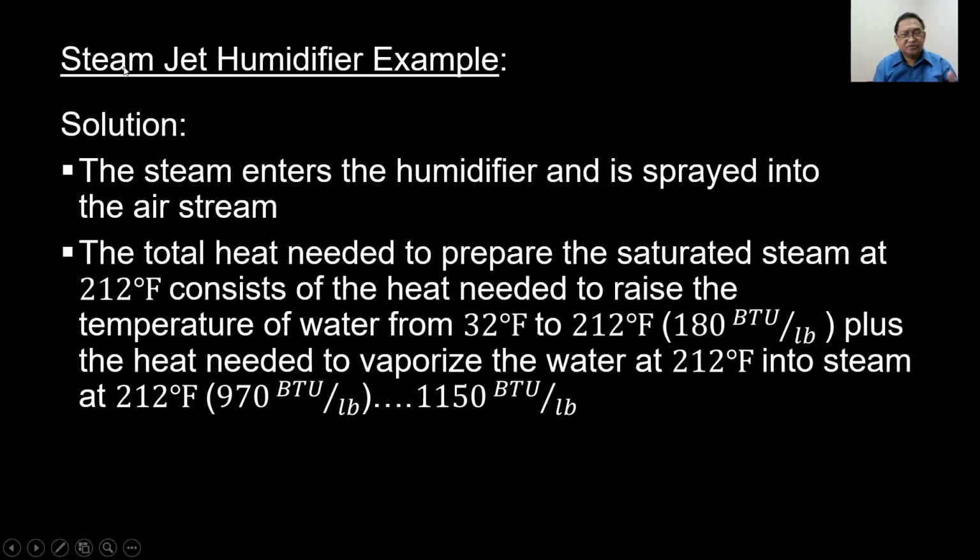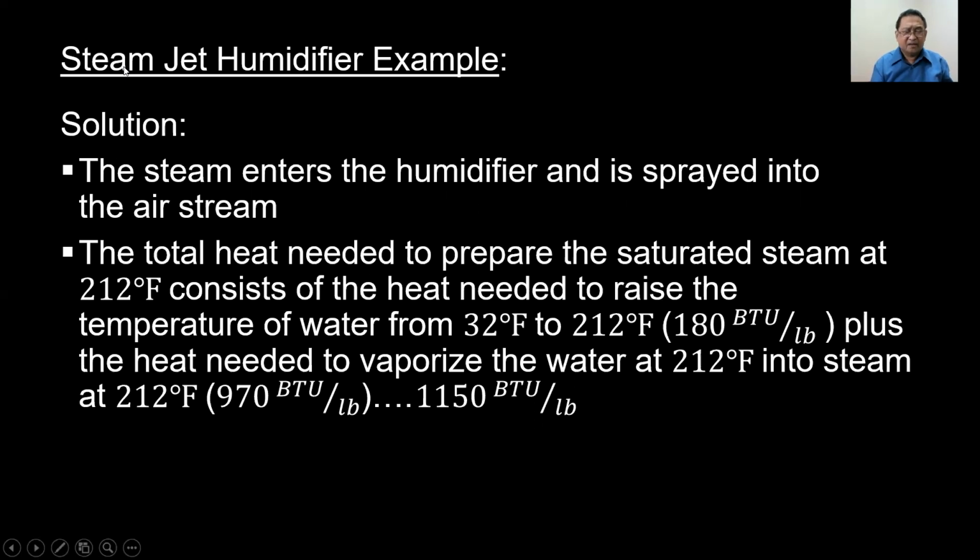So, solution. Steam enters the humidifier and is sprayed into the airstream. The total heat needed to prepare the saturated steam at 212 Fahrenheit consists of the heat needed to raise the temperature of water from 32 Fahrenheit to 212 Fahrenheit. So it's 180 BTU per pound.